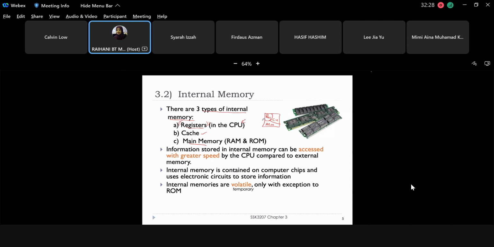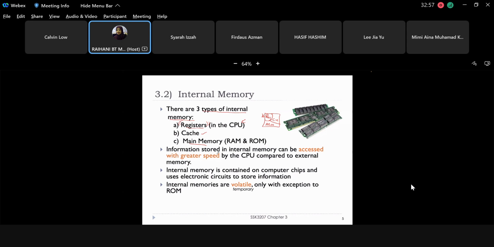Registers are a type of memory, but a resident of the CPU. Another one is cache, and another one that we commonly know is main memory, which contains RAM and ROM. These are the three types of internal memory.